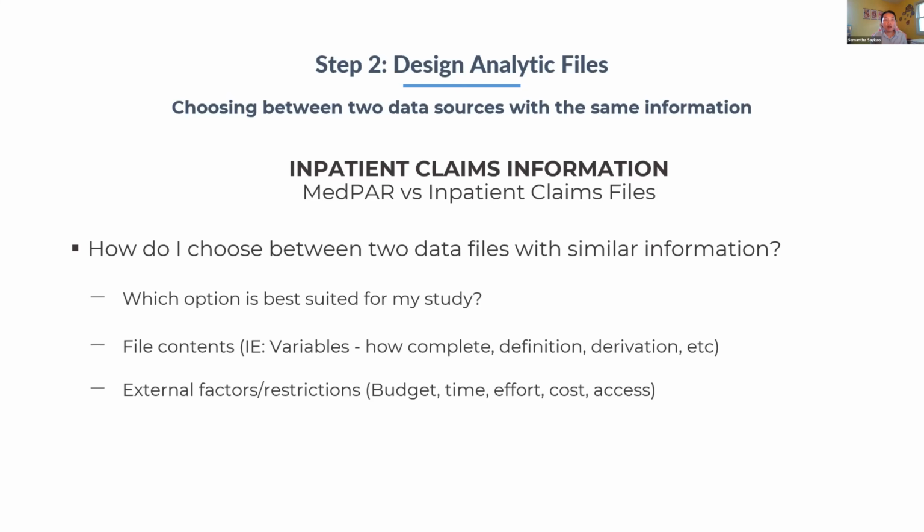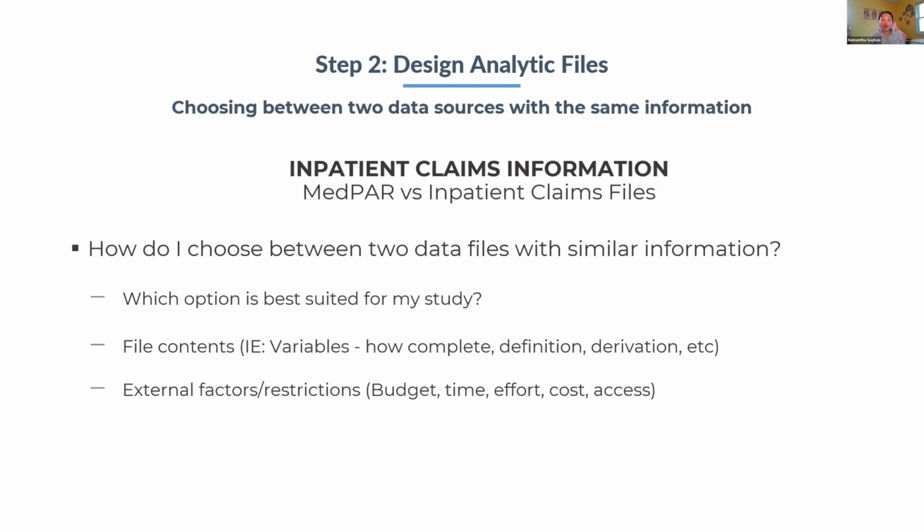But one thing you can think about is file contents. So for the variables, how complete are the variables, especially the ones that you need? What are the variable definitions? Sometimes the definition is different than what you assume it would mean. Definitely speaking from experience on that one. And how are the variables derived?